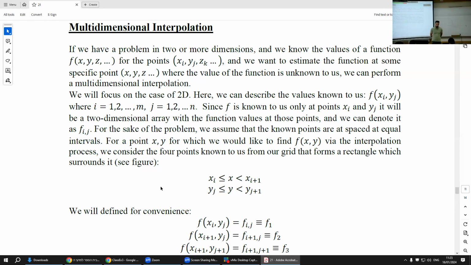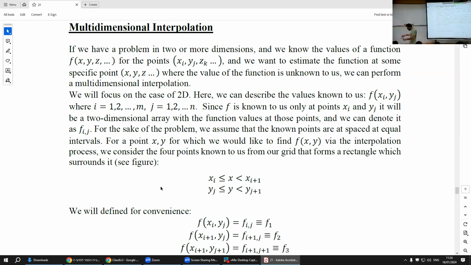And we want to interpolate the function at some point in this range, not one of these sampling points. So we have a scalar function, and we want to do an interpolation for two variables. Okay, so how do we do this?